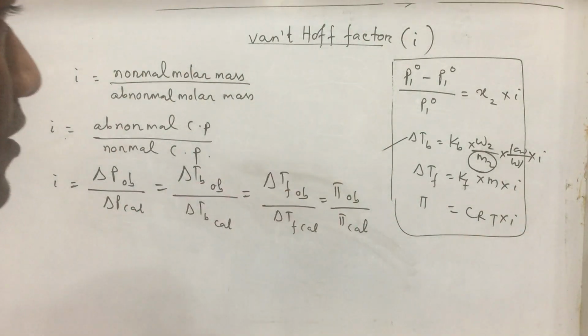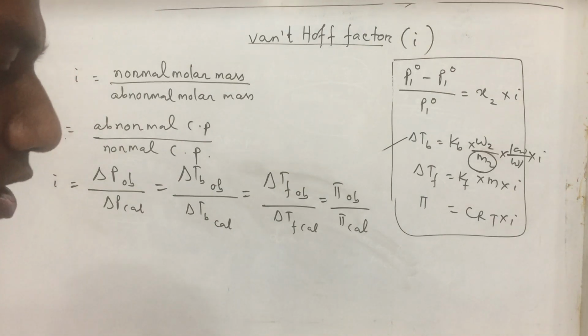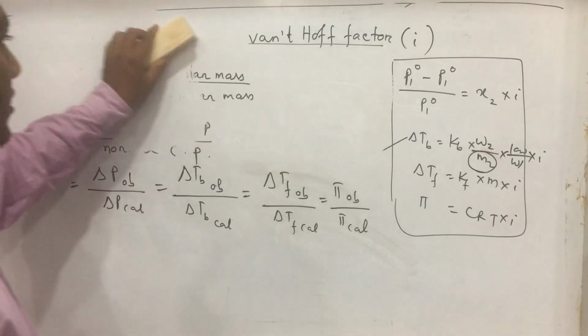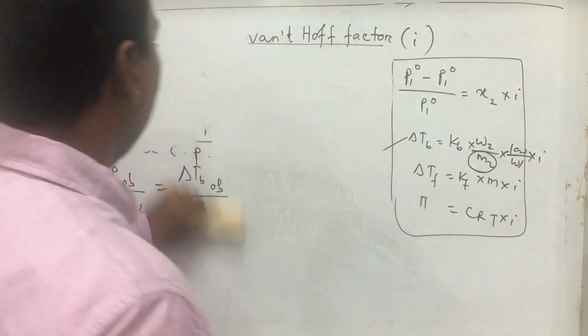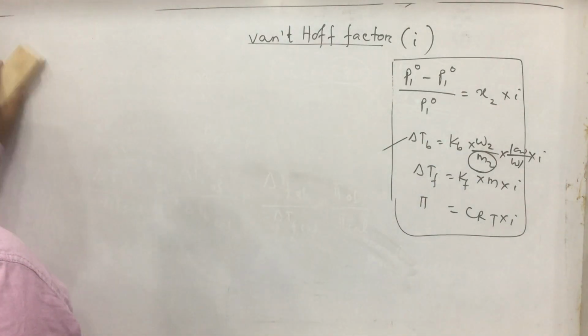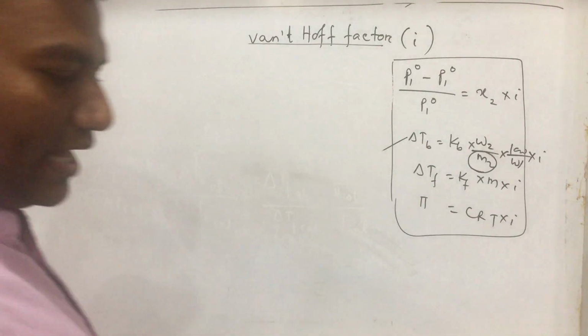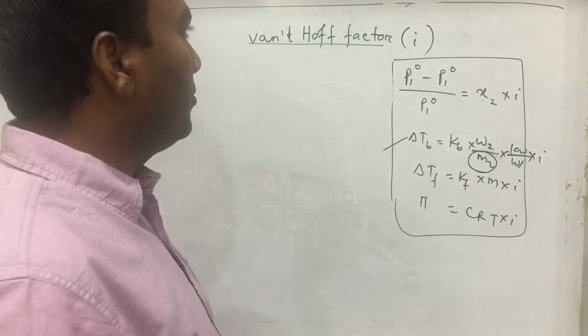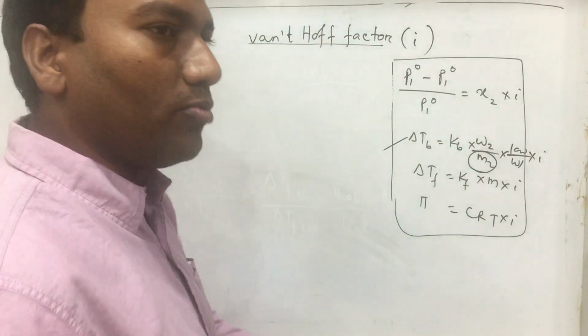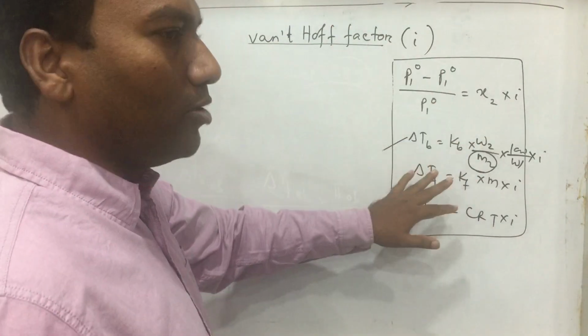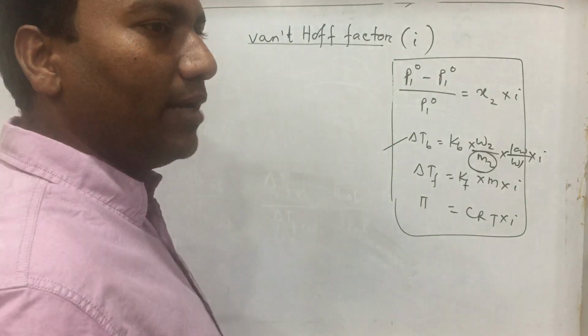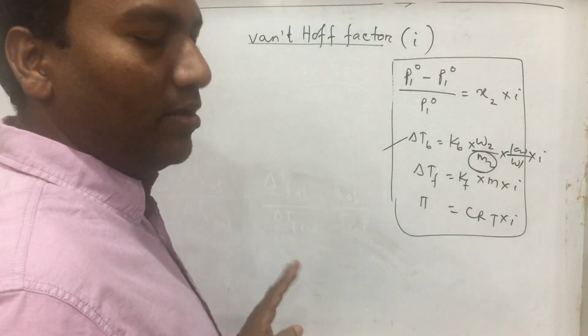Check this, all 4 colligative properties are modified, multiplied by i. So if you multiply i, then all 4 formulas are correct, and from this formula the M2 you calculate will come as the normal value.